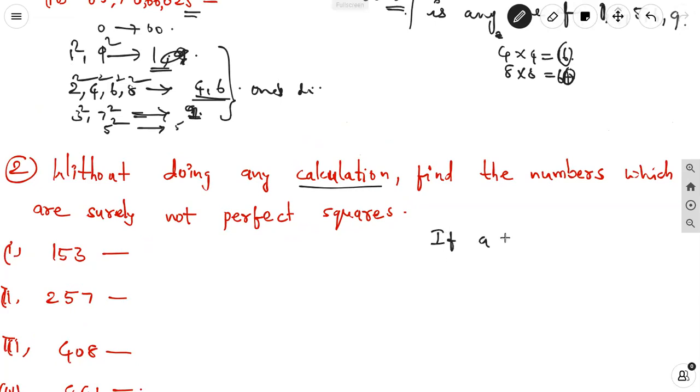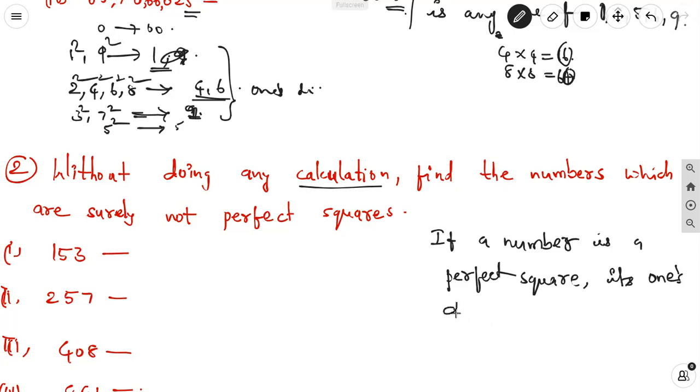If a number is a perfect square, its ones digit is any one of 1, 4, 5, 6 or 9. Okay, this is the way.